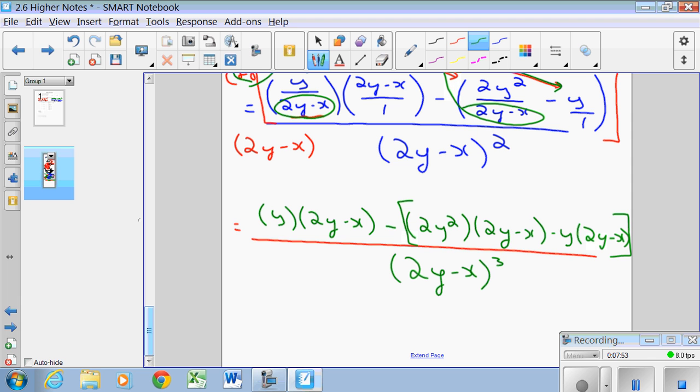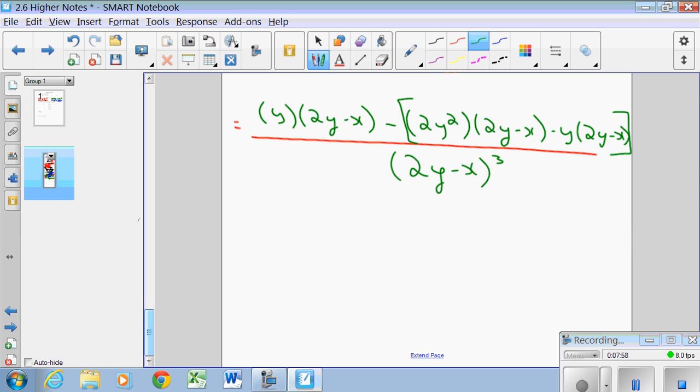Let's just multiply things together, gather up our like terms, and simplify our equation as much as we can. So y times 2y, y times x, and then if I multiply through 2y squared times 2y, let's leave those in brackets, is 4y cubed, and 2y squared times the x is minus 2xy squared.